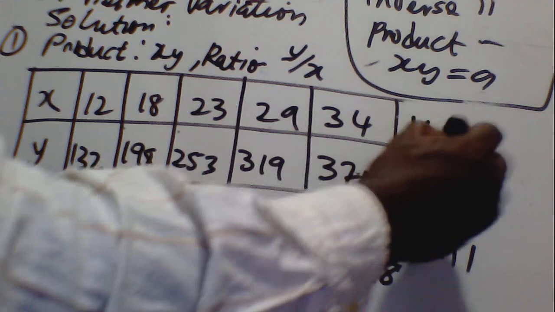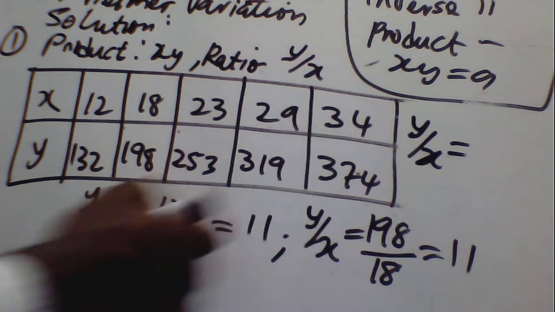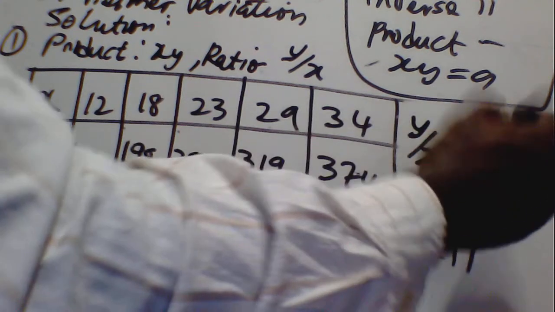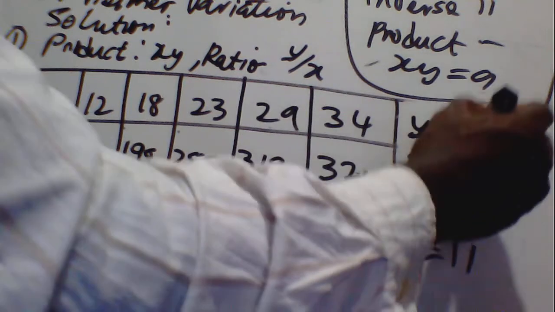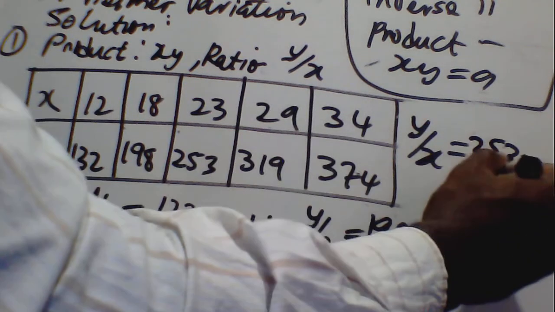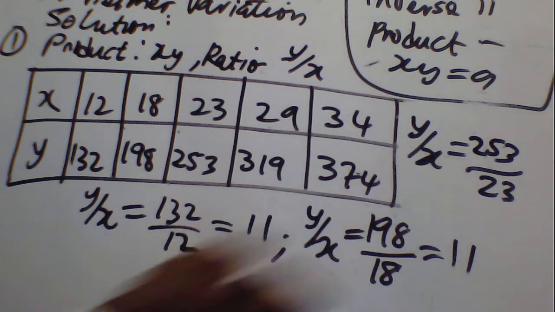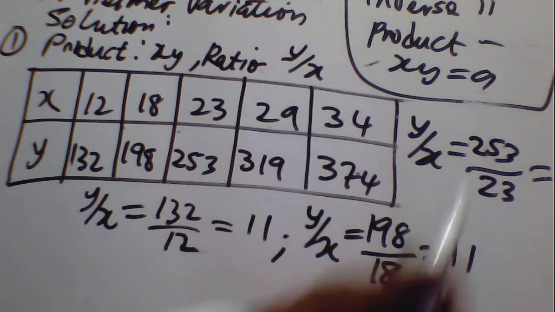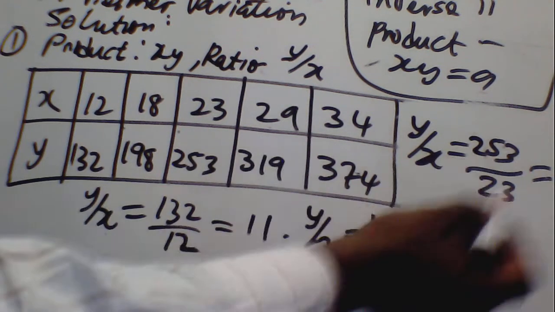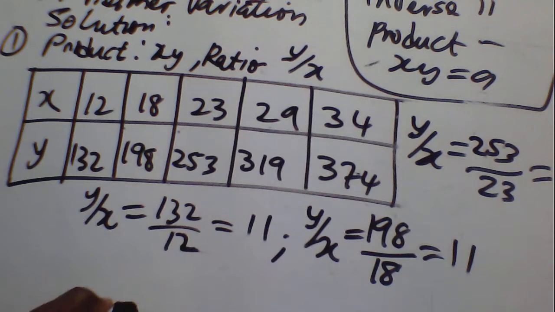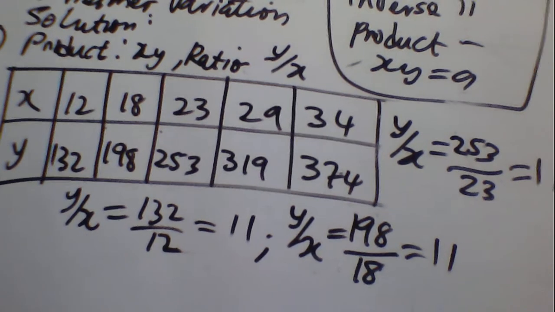Next is y over x for the third row, 253 divided by 23. 25 divided by 23 will give us 1, carry 2. 23 divided by 23 will give us 1, so 11. So it is still promising.